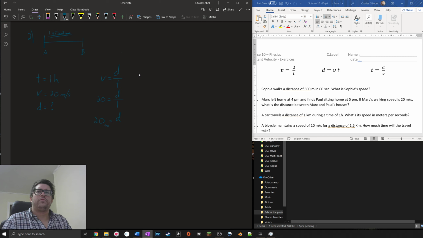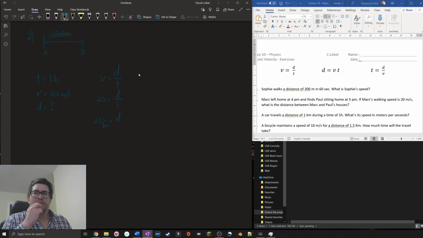If he travels at 20 meters per second, and it took him 1 hour, how can the house be only 20 meters away from him? That doesn't work. Was it 20 kilometers?